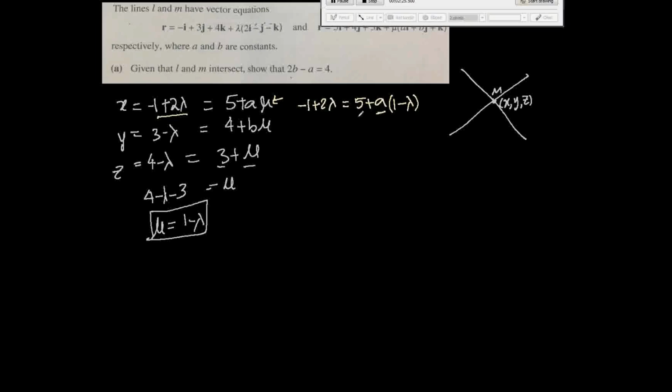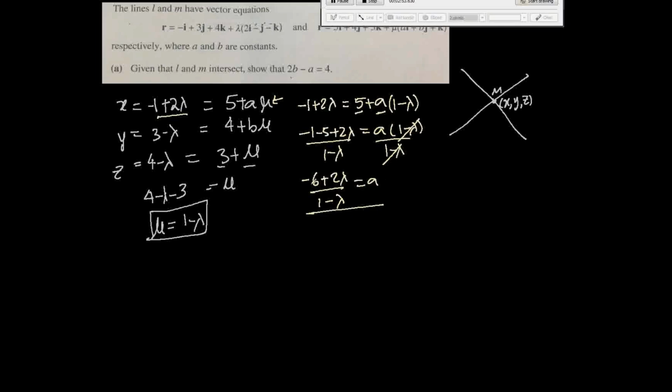So 5 will go first. So minus 1 minus 5 plus 2 lambda equal to a times (1 minus lambda), and divide both sides by 1 minus lambda. What is left here? Minus 6 plus 2 lambda over 1 minus lambda equal to a. We got a in terms of lambda.